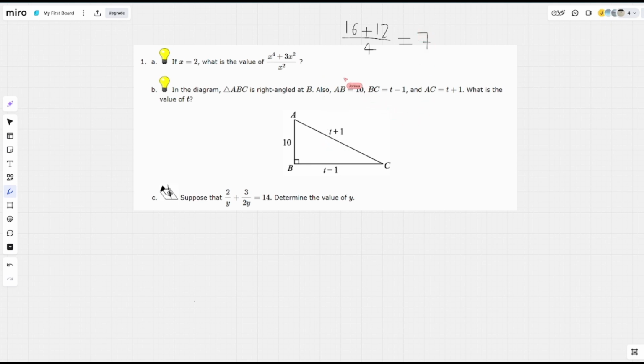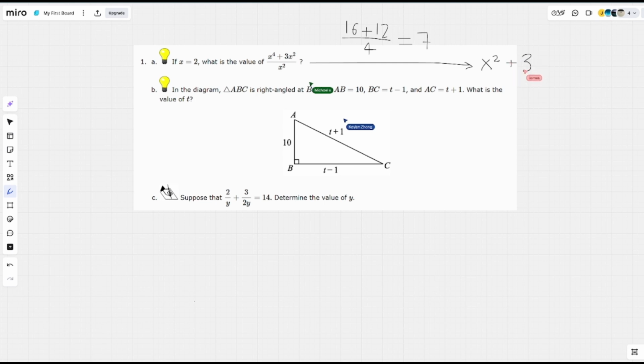But another way is to simplify the expression first by dividing the numerator and denominator by x squared, because the numerator is a multiple of x squared. So this expression is also equal to x squared plus 3.